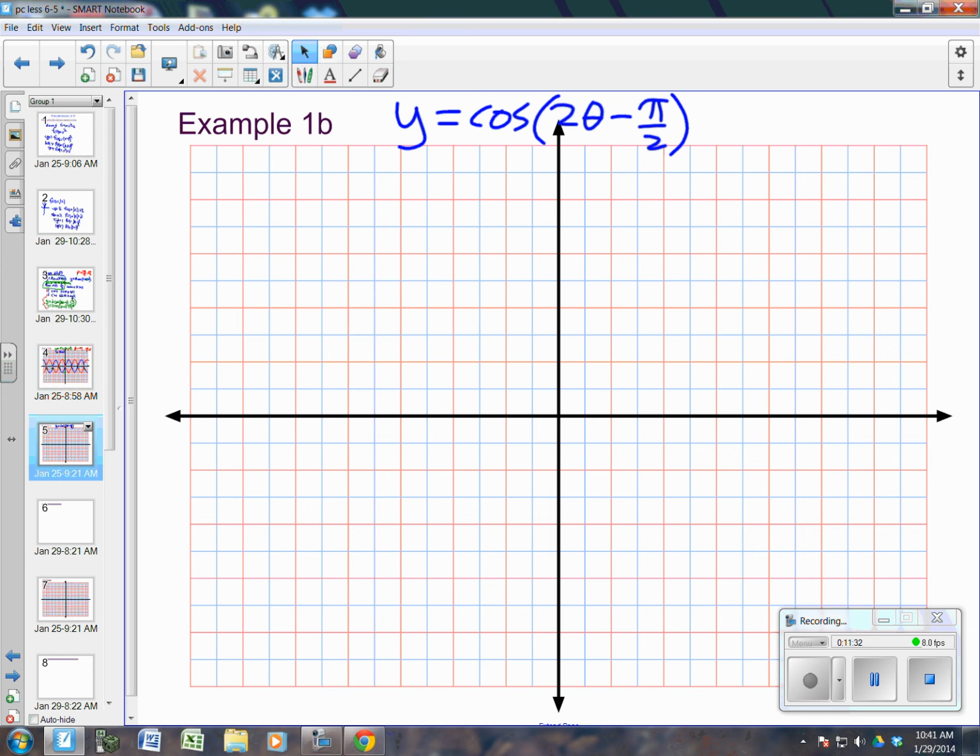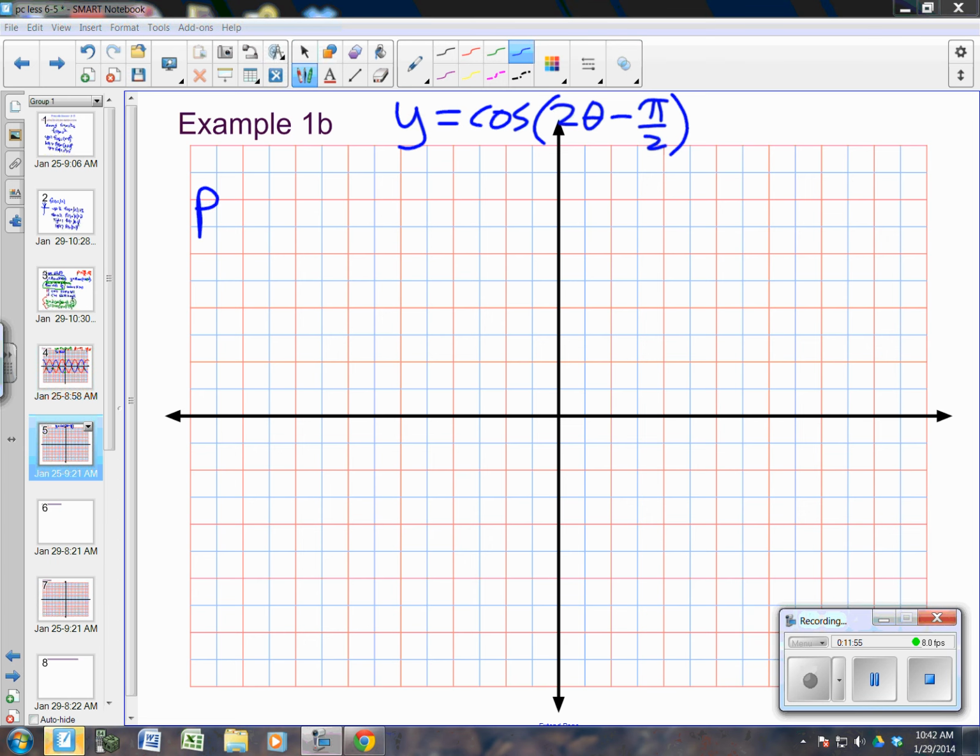I want you to find, once again, the phase shift of this function. And you're going to have to know the period of this function too. So everybody, just right now, figure out the phase shift and the period, and then we're going to stop and talk about that. Here, you guys, period equals 2 pi over k. Alex, which one of these is k?